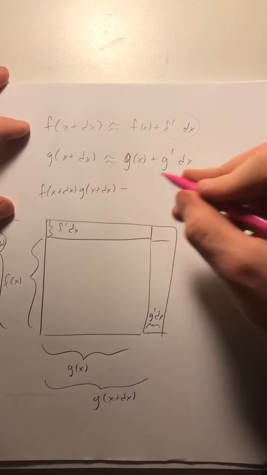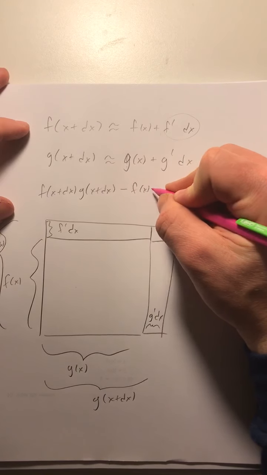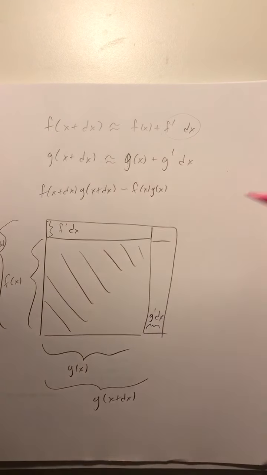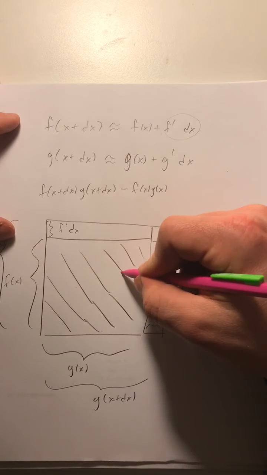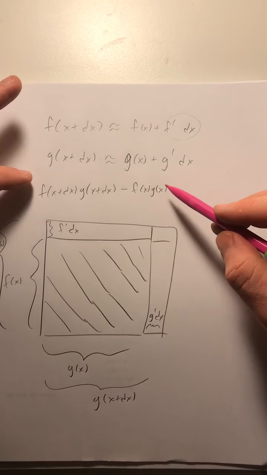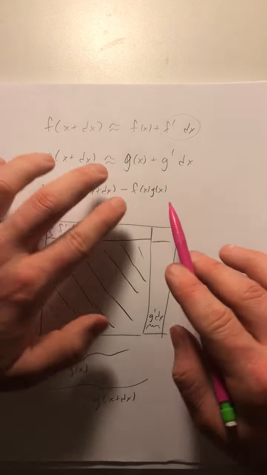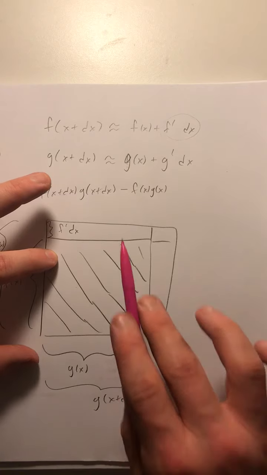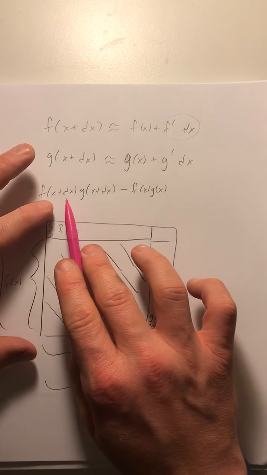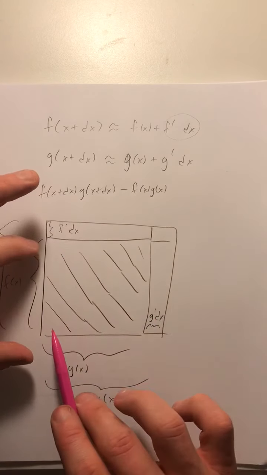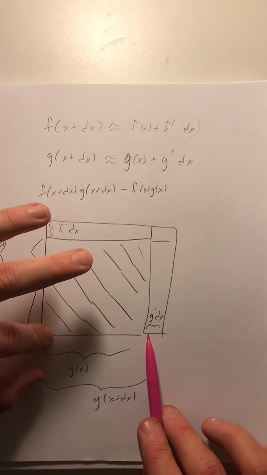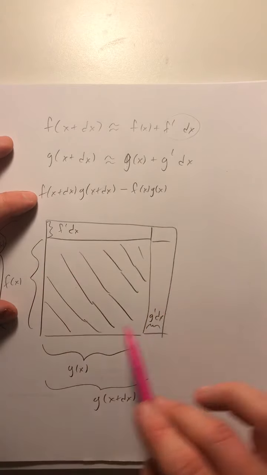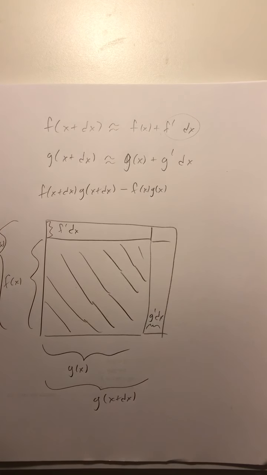I'm going to subtract f of x times g of x, which is the area of this interior square. Okay. And this is telling me how much the product changed. So I started with the product, which was originally the area of that shaded square. That's the original product. And I change x by a small amount, dx. And now f changes a little bit, g changes a little bit, and then the new product is the area of the bigger square.